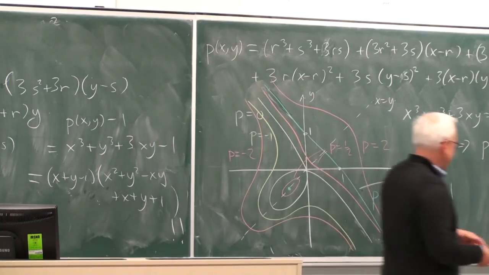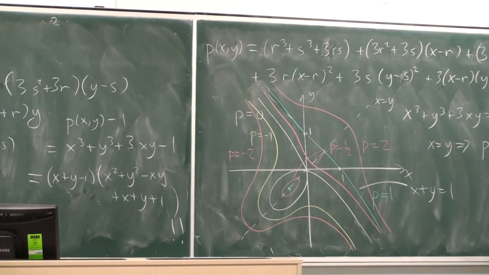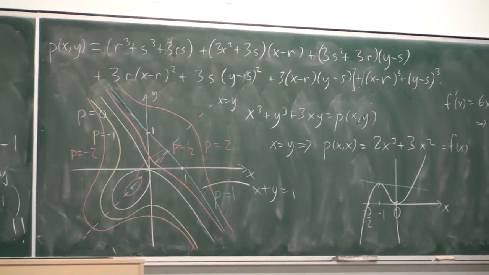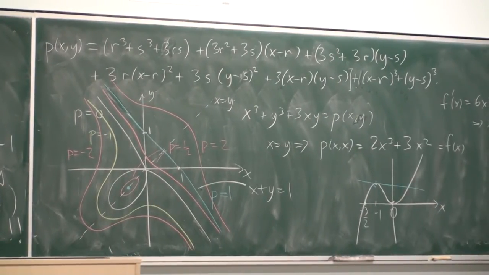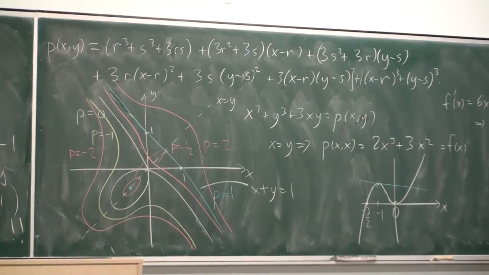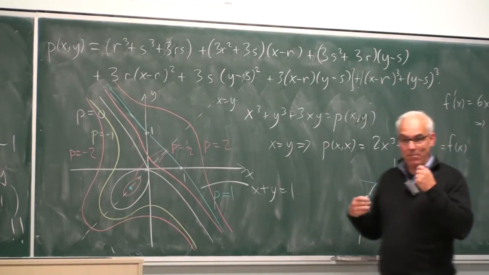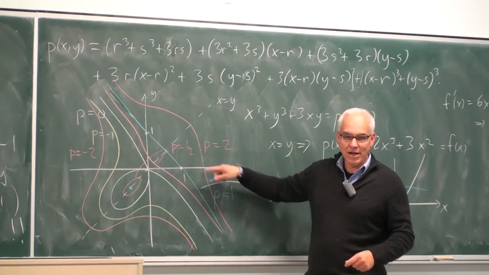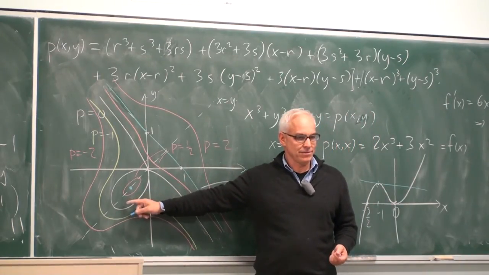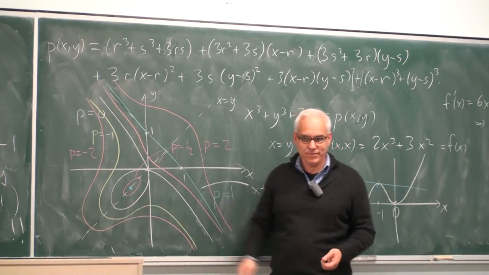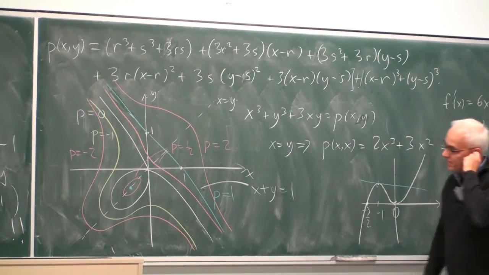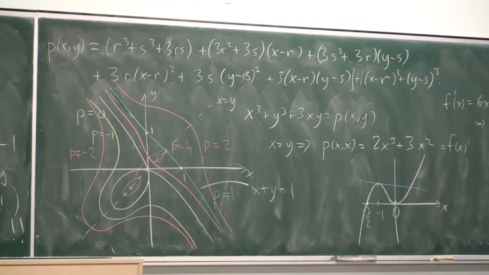We saw that right here, that point on that diagonal part of the surface. So this level curve is a cubic that consists of a line and a point. All the level curves are cubics, and it's quite interesting.